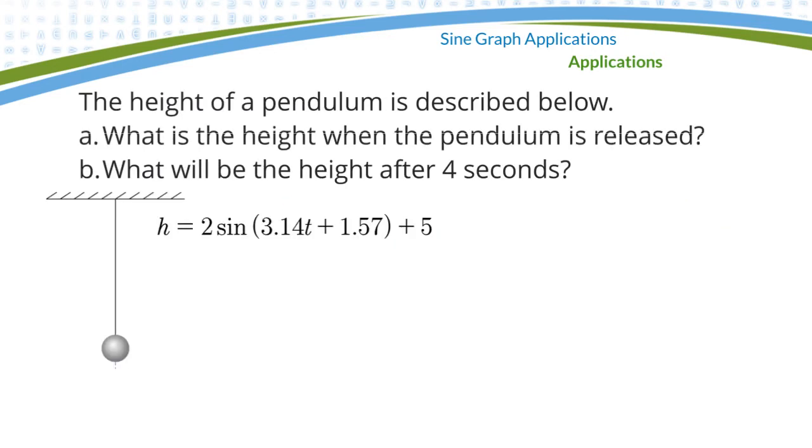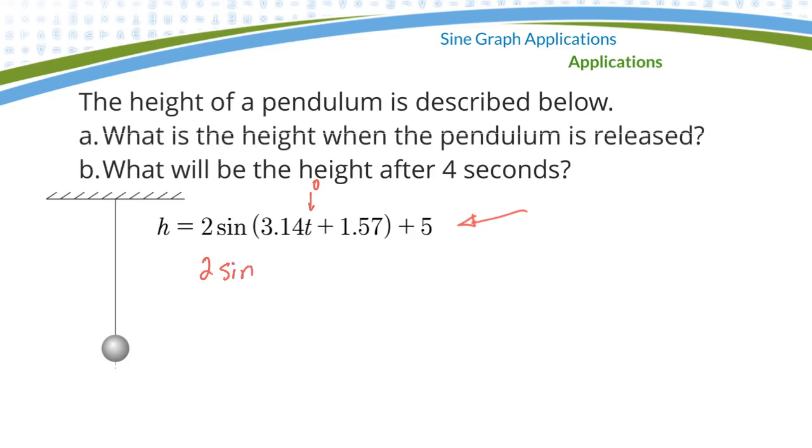Okay, so let's try a pendulum question. It says the height of a pendulum is described below, right here, as the function. What is the height of the pendulum when it is released? Oh, so if the pendulum is released, that would be time 0. So I can plug in a 0 for time right there. So let me do that.